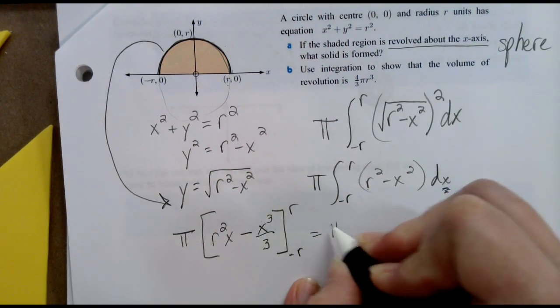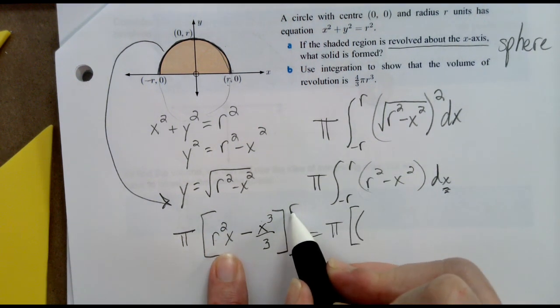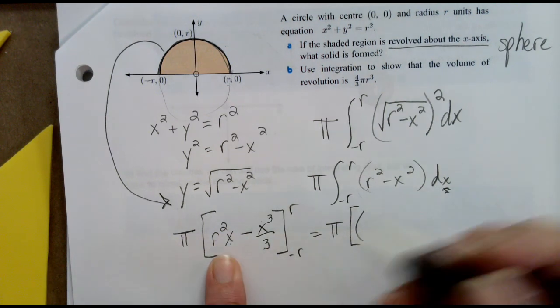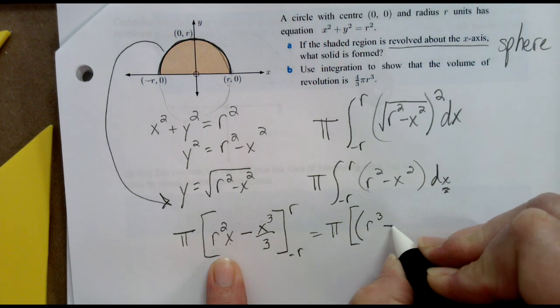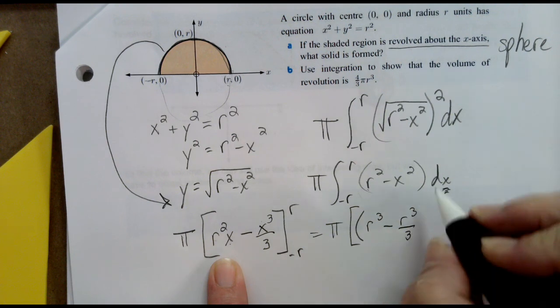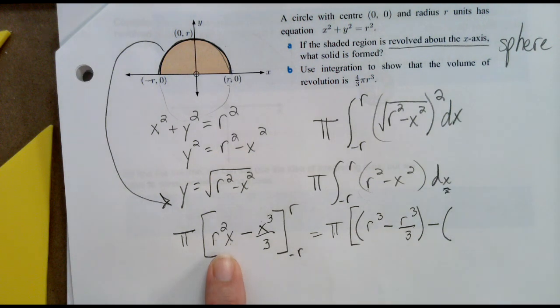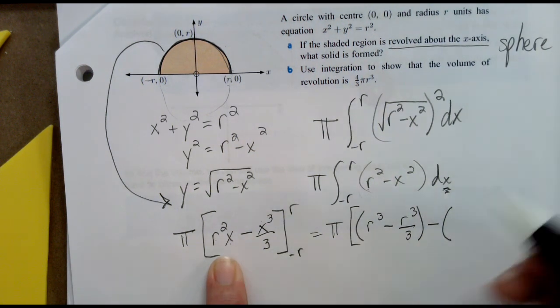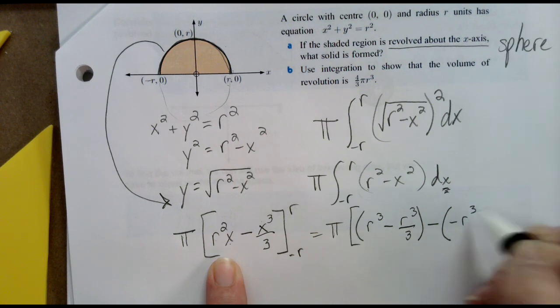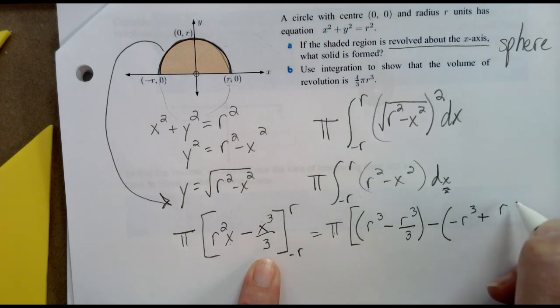So if I plug in R for x, I would get R cubed minus R cubed over 3, minus, R minus R to the negative R cubed, so that would be negative R cubed plus R cubed over 3.